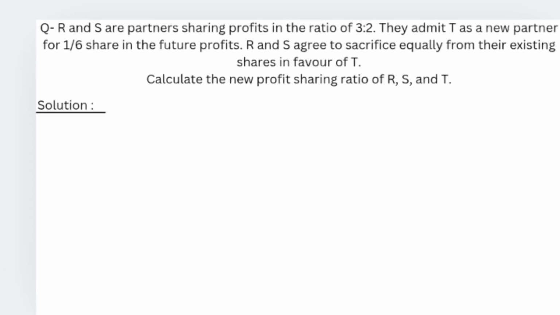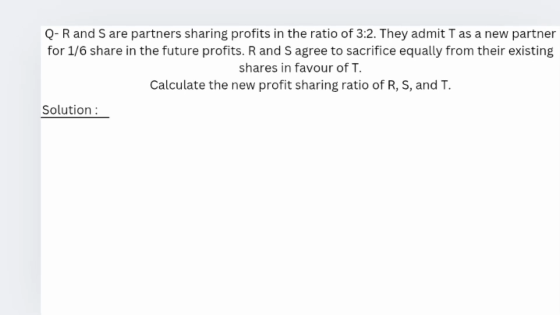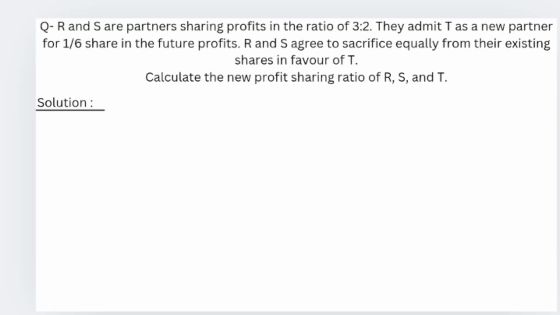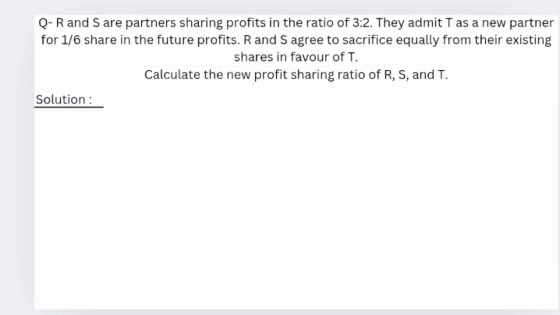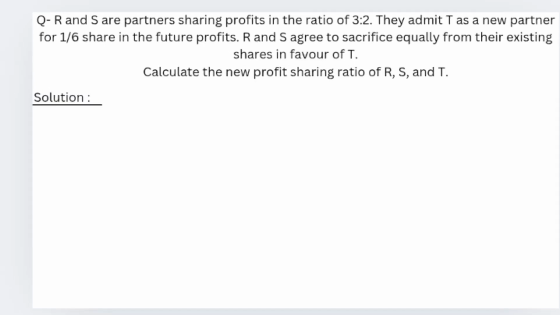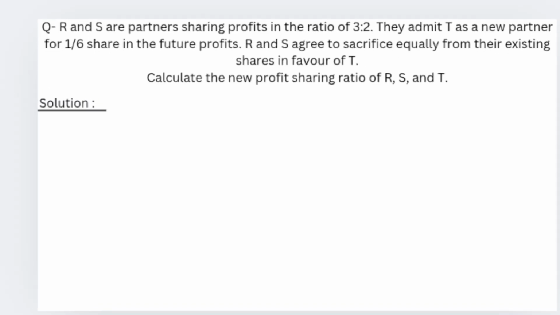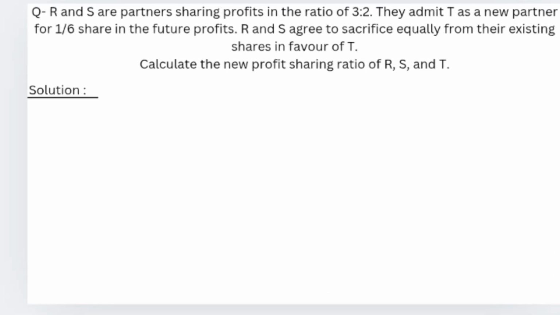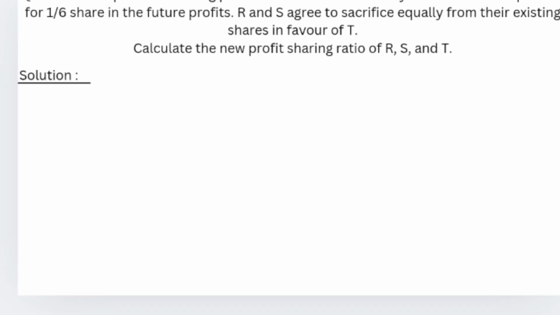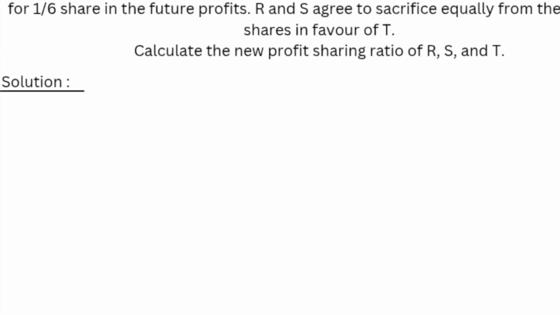So the ratio of R and S is 3:2, and the newly admitted partner, T, has 1/6 share, and R and S agree to sacrifice equally.